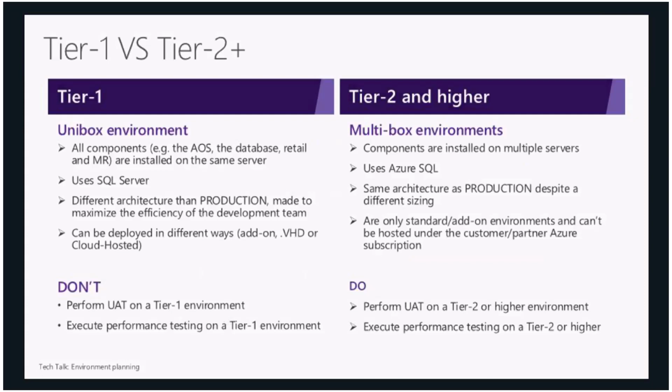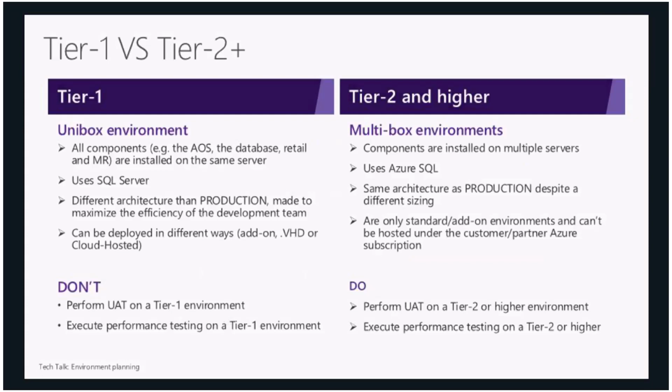So when we see customers and partners doing tests, meaning UAT or performance testing, on Tier 1 environments, this is a no-go, because it's very likely that the performance will be higher in this environment and will not be relevant, because it will be very different from what you would get in production.